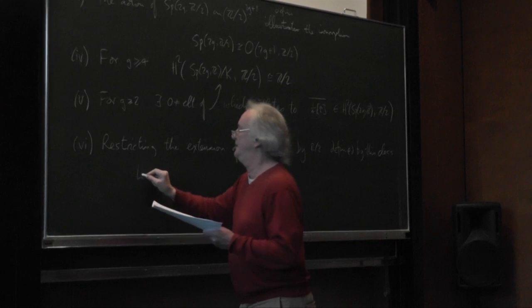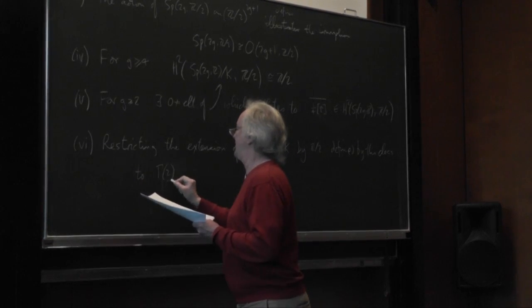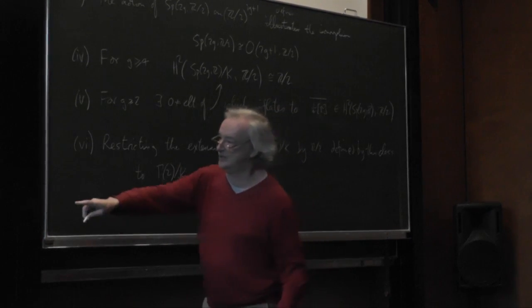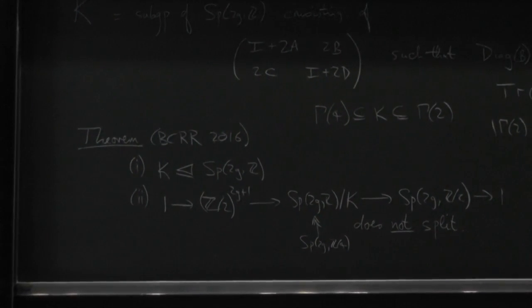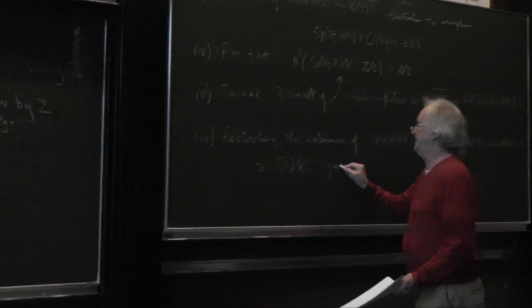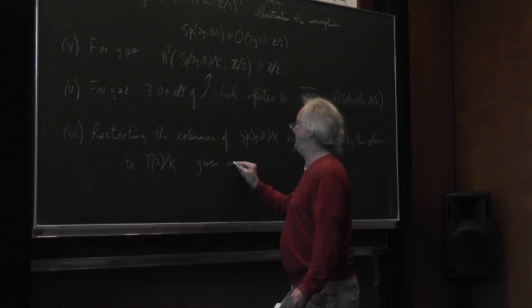to gamma of 2 modulo K, which is this group Z mod 2 to the 2G plus 1, gives an extension.